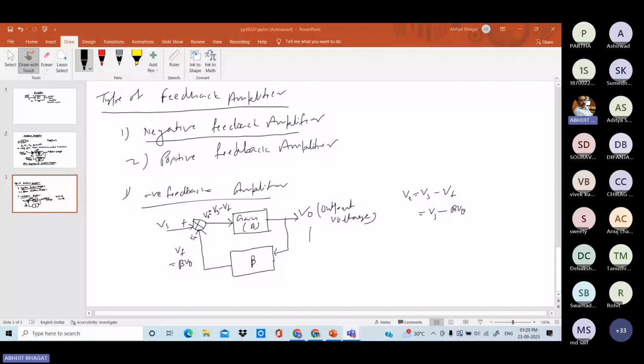Now what will be the gain? Your gain will be V0 by Vs. Gain क्या होता है? Gain equals output voltage by input voltage.